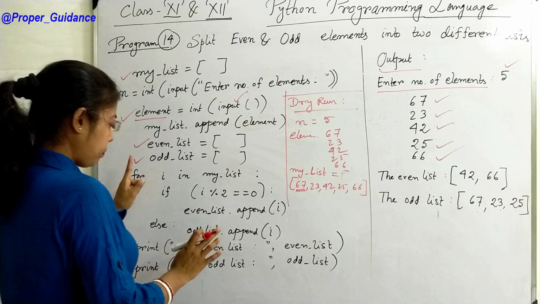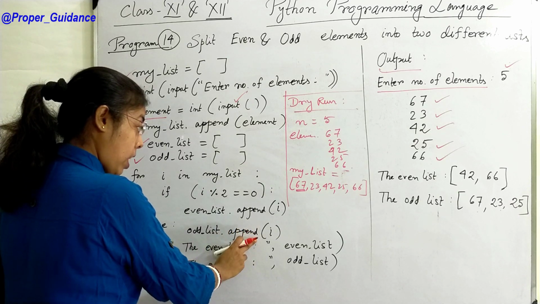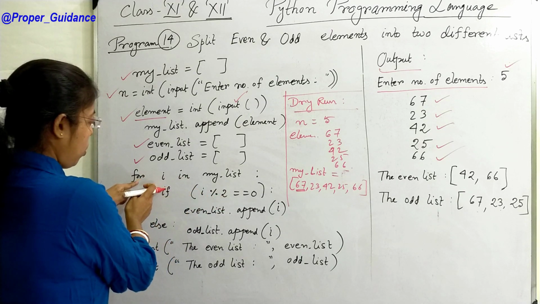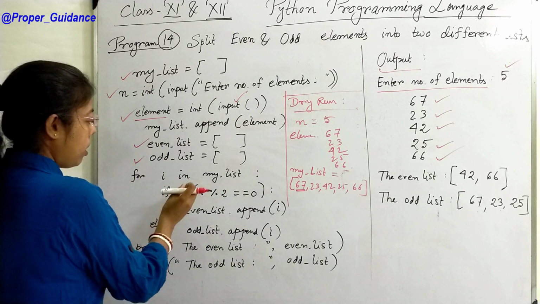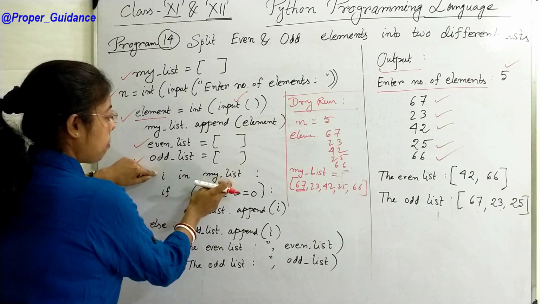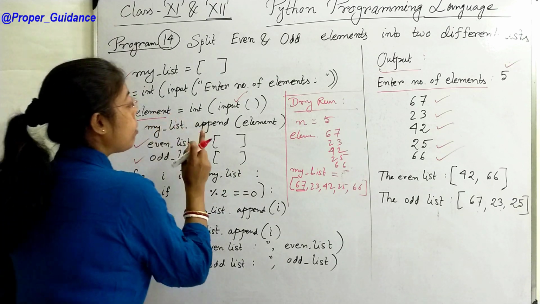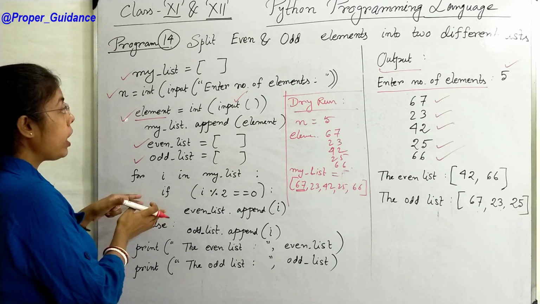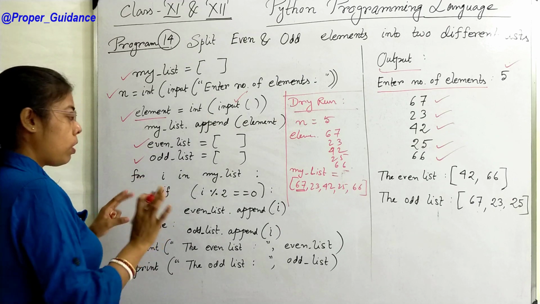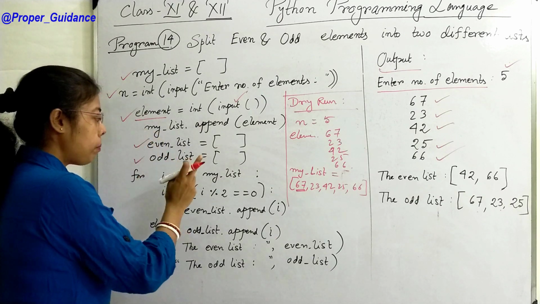No. So this will be appended to the odd list, odd list dot append I. We are not dividing the values of the index, because the index will vary from 0 to 4: 0, 1, 2, 3, 4. That's not the issue. We are taking the elements inside that particular index.